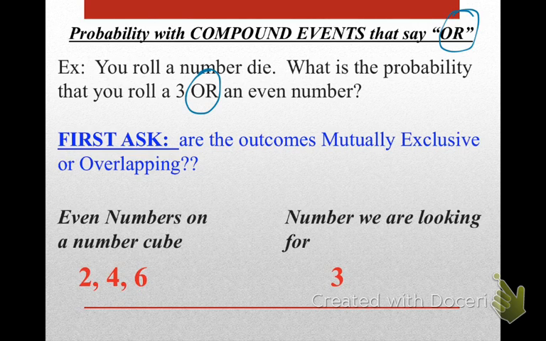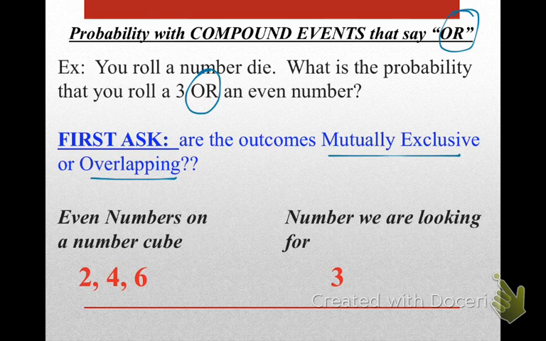So the first thing you want to ask yourself is, are the outcomes mutually exclusive or overlapping? Mutually exclusive means that those will not occur at the same time. If they're overlapping, that means they can occur at the same time.